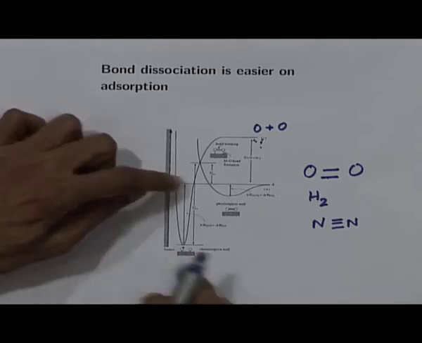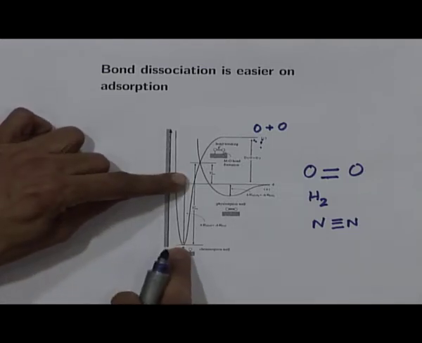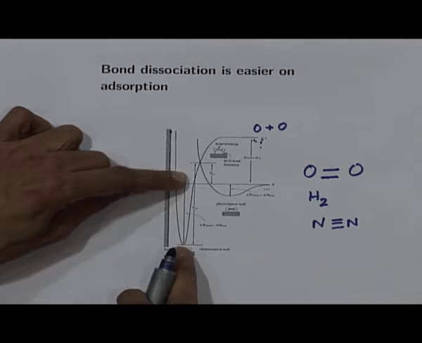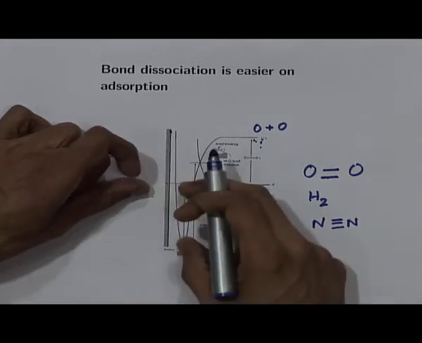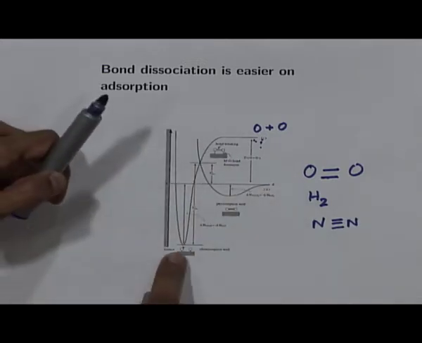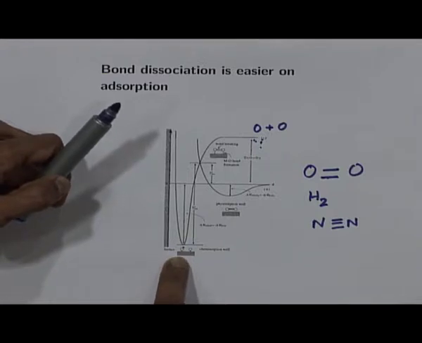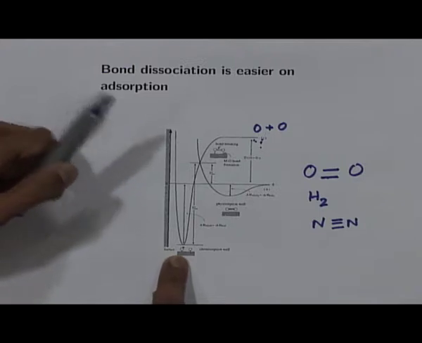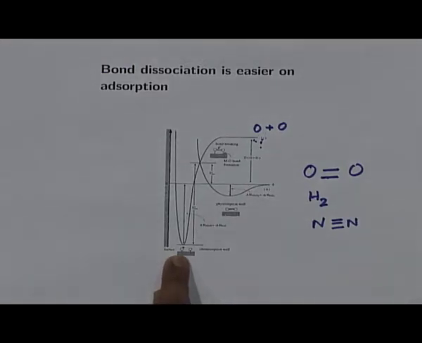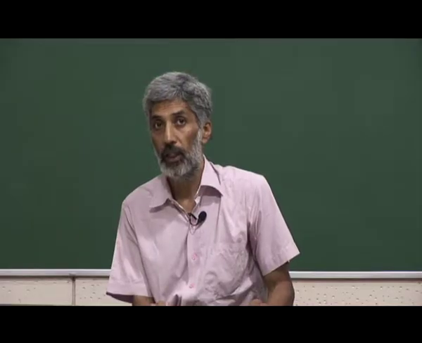And moreover, this energy corresponds to the enthalpy of chemisorption, and this corresponds to an oxygen atom that is chemically attached to the metal surface. So, this energy is significantly higher, and it could be anywhere from 100 to 400 kilojoules per mole, a typical bond energy involving any two atoms.